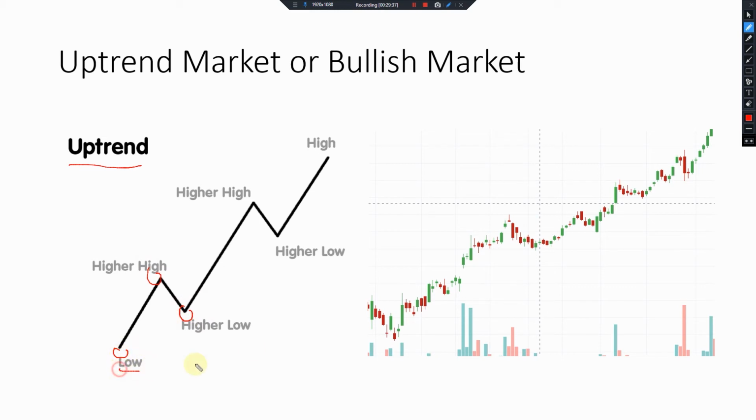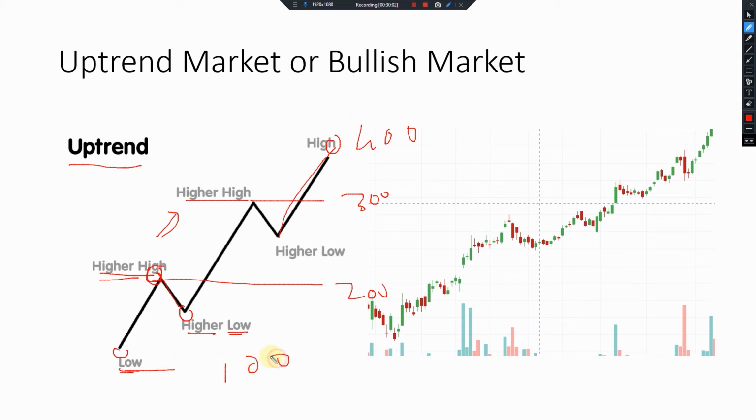This low is higher compared to the earlier low, and this high is higher than the earlier high. So the price here may be 200 and this is 300, and it came down and went up to make another high of 400, starting from 100. In stock markets price doesn't move straight up. Most of the time it doesn't move like that.